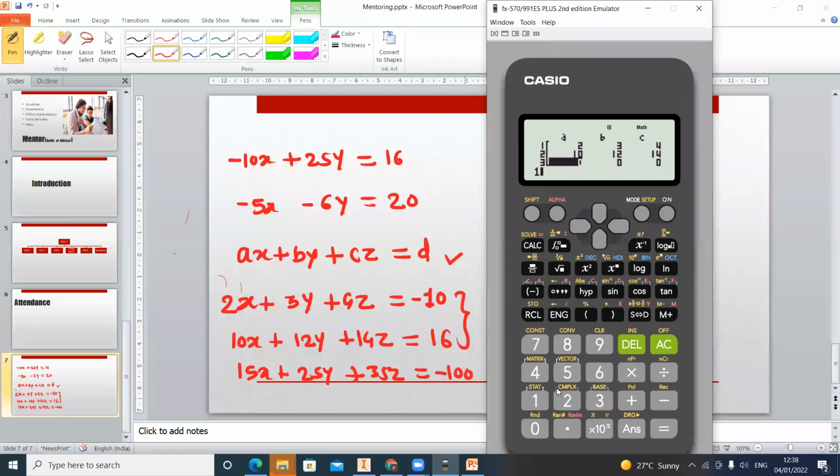The next equation is 15, 25, 35, and minus 100. Again, press the equal sign to solve this equation. Actually, here we can't get the answer by solving these simultaneous equations. So let us try to change some values.